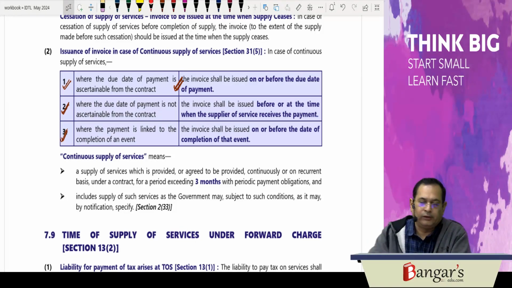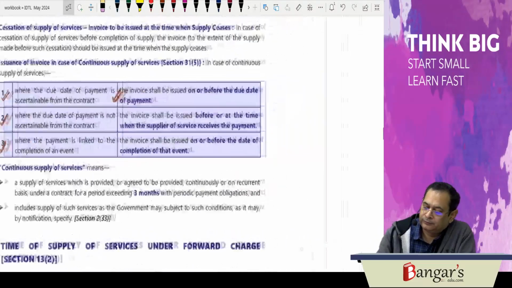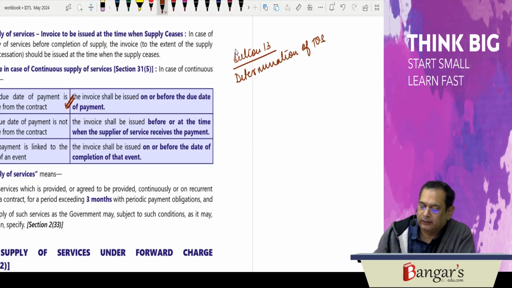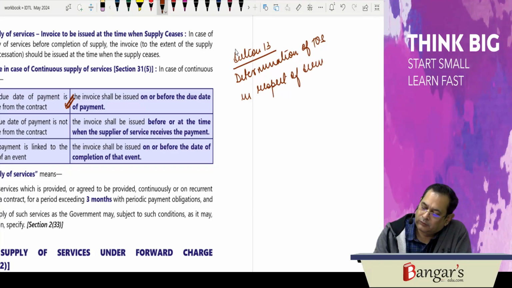So that was in relation to the invoice provisions. Now section 13. It deals with the provisions relating to determination of time of supply in respect of services.